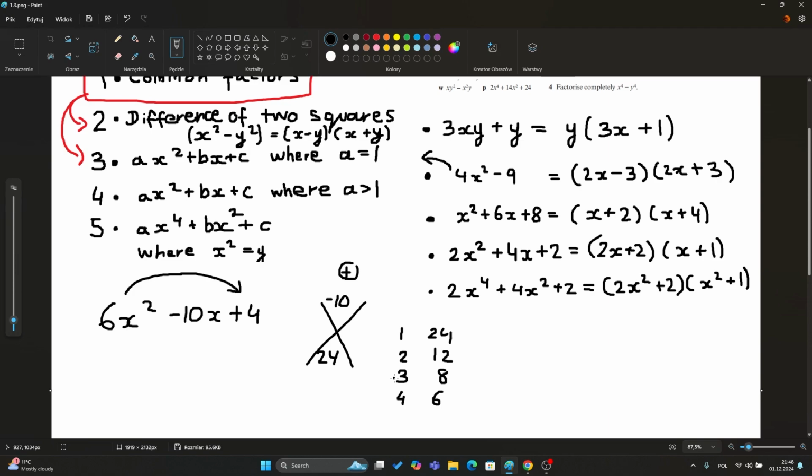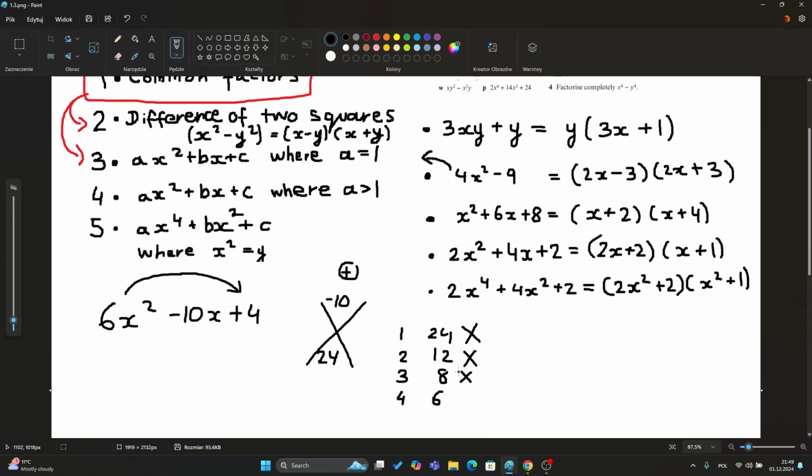Now to get to minus 10, we have to think. 1 and 24 will not work. 2 and 12, will it work? Minus 12, no, it won't work. And 3 and 8 won't work.